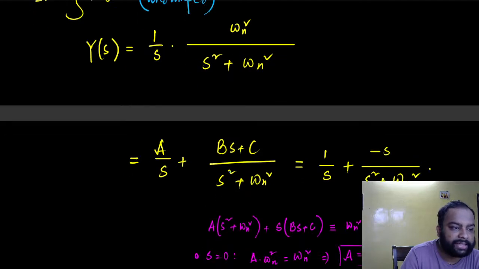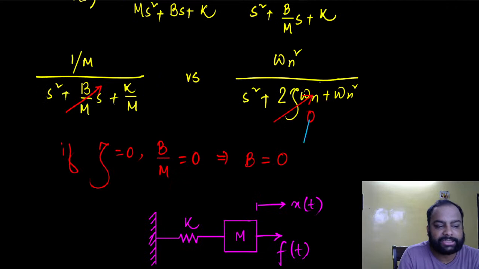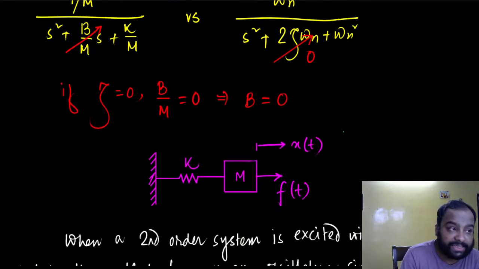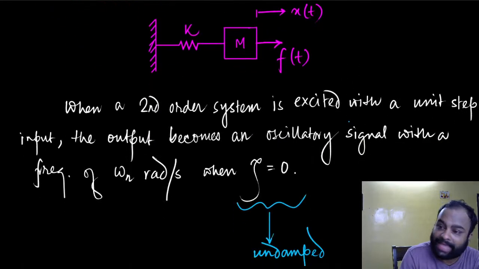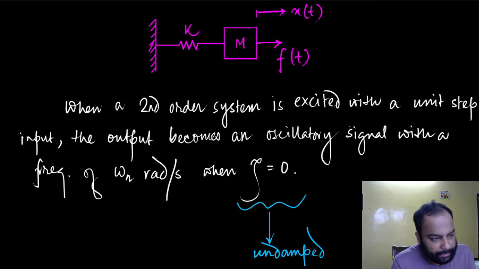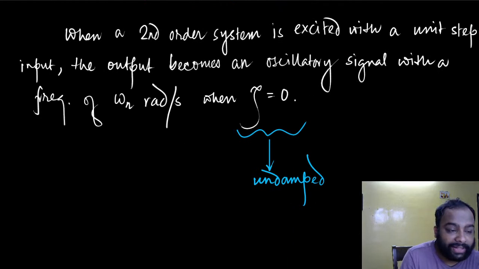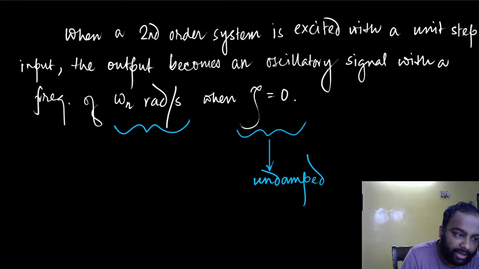So here the system is undamped, so there is nothing to damp it. I would suggest you go through the electrical counterpart of this, and you will see if the resistance R is equal to 0, the same thing will happen. You will end up with something called an LC oscillator. So when the system is undamped, this is the frequency at which the response oscillates.